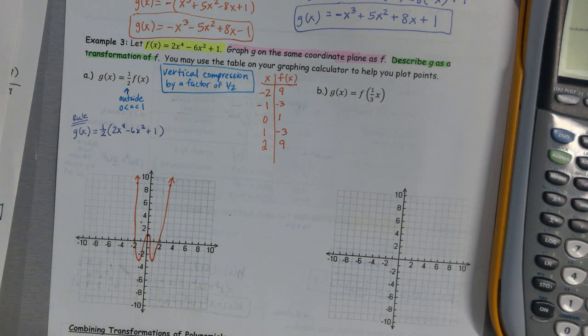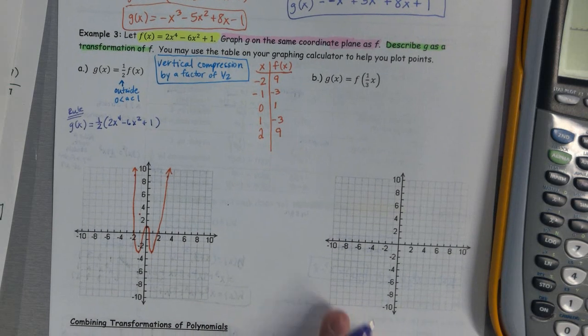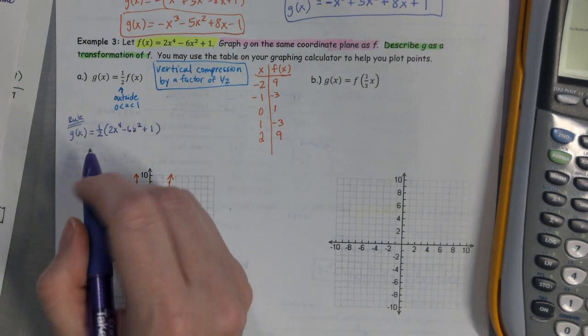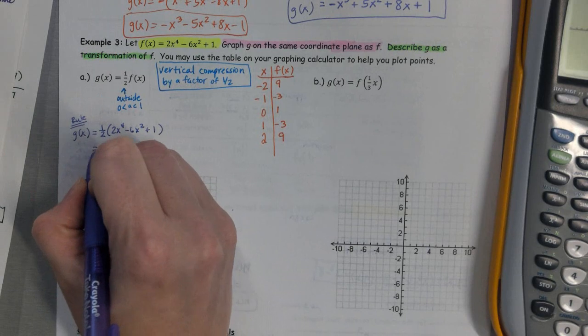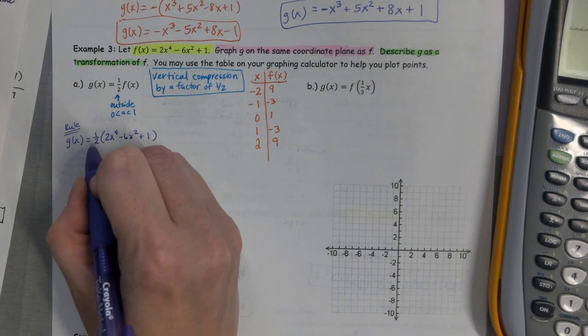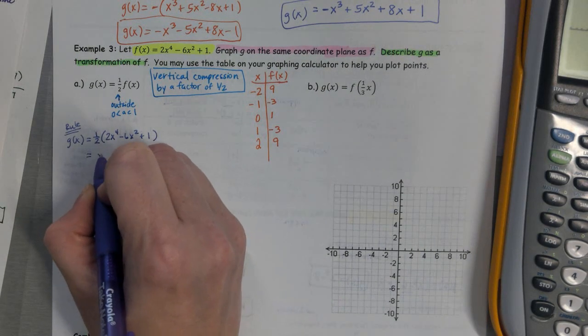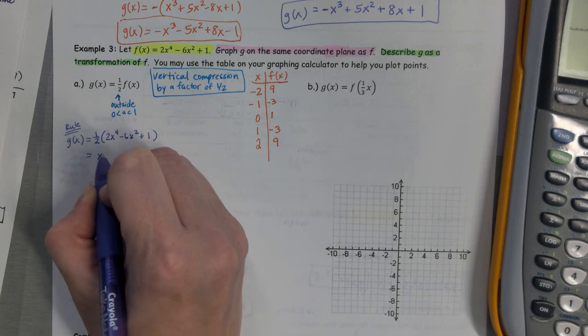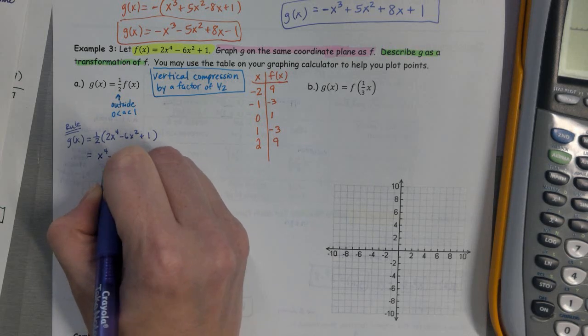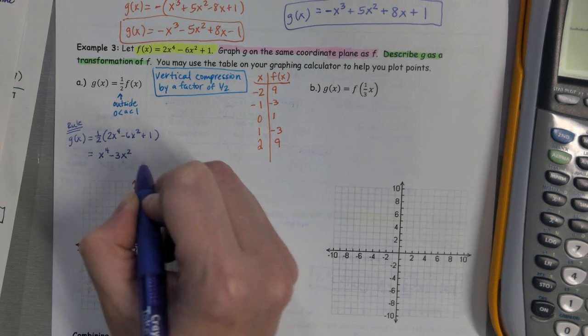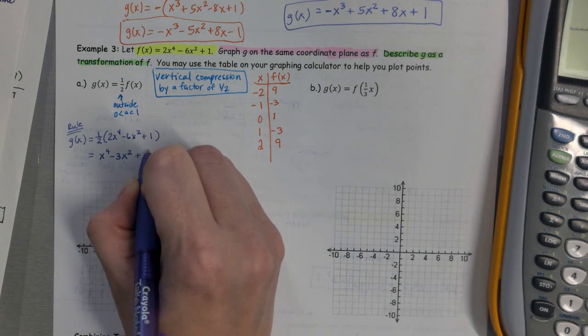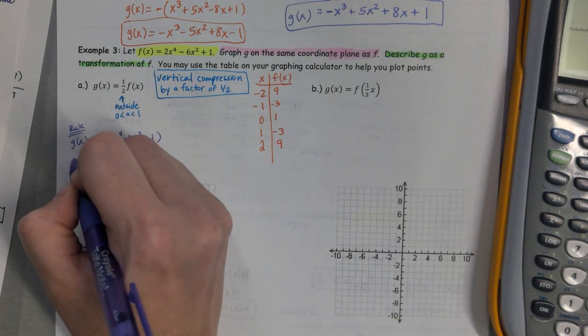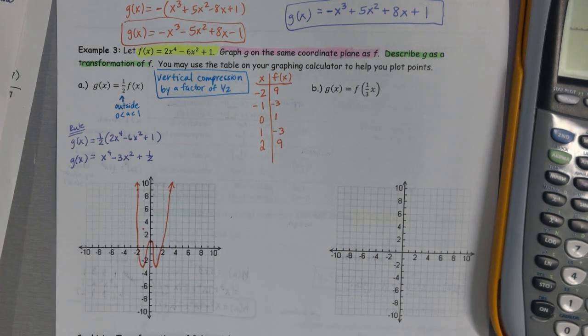And a lot of the practice problems we're going to do today are going to ask you for that rule. So 1/2 times f of x, you're going to distribute. When you distribute 1/2, it's just like you're doing what? Multiplying by 1/2 is the same thing as what? Yeah, good, divided by 2. Okay, and so this is going to be the rule for g of x. Okay, remember the rule is just the same thing as the equation.